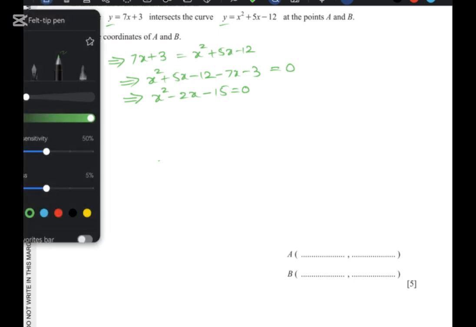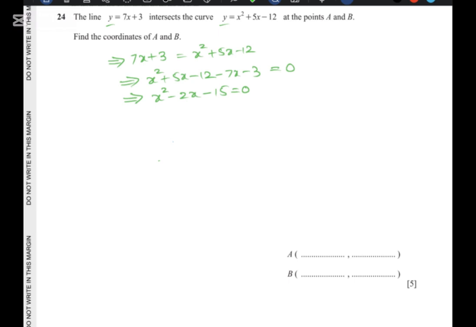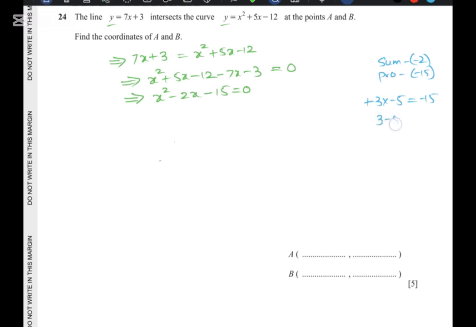Now start factorizing it. To factorize, we need the sum of two numbers as minus 2 and the product as minus 15. So what are the two numbers? Plus 3 and minus 5. 3 minus 5 is minus 2. Using those two numbers, split the middle term.